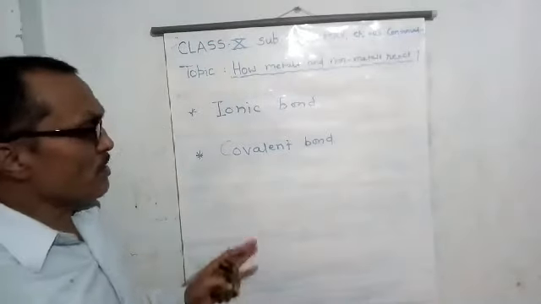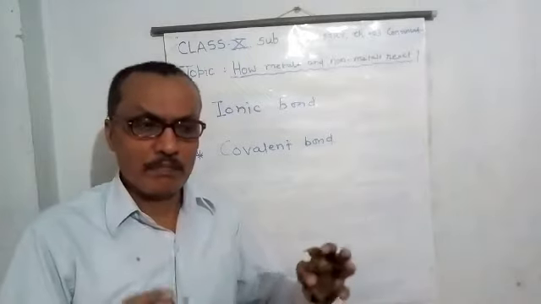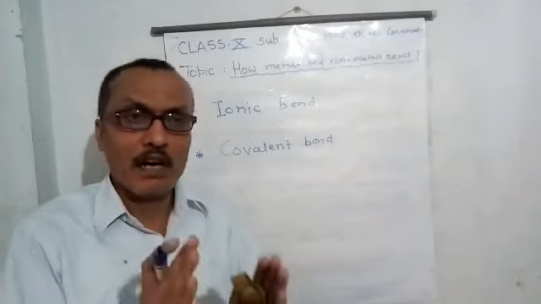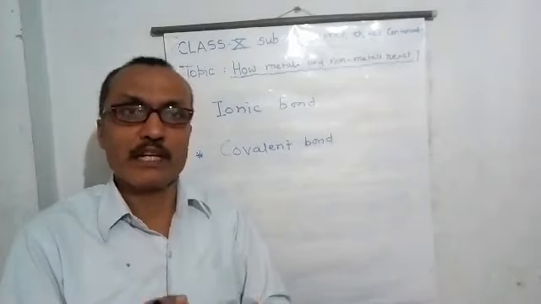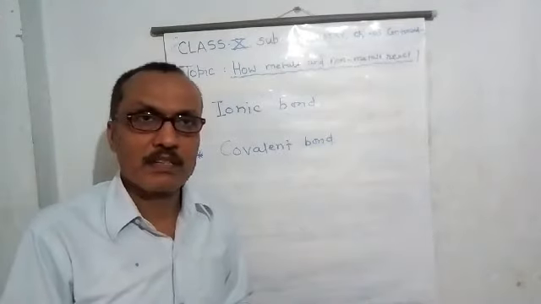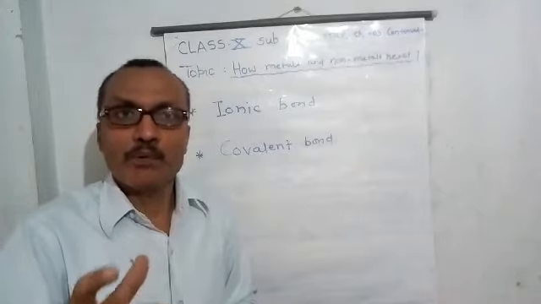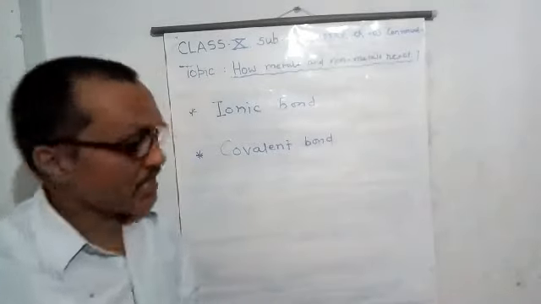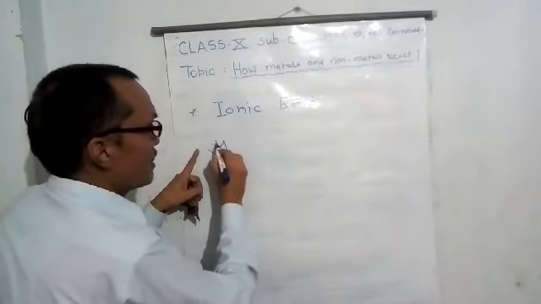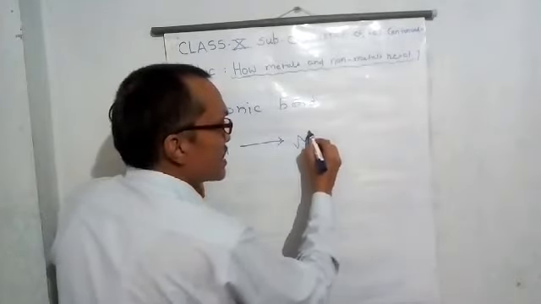So students, our topic of today is reaction of metals and non-metals. We have to study how metals and non-metals react together. You well know metals lose electrons during the reaction and form positive ions. For example, suppose this is a metal, and during the chemical reaction it loses its electron.